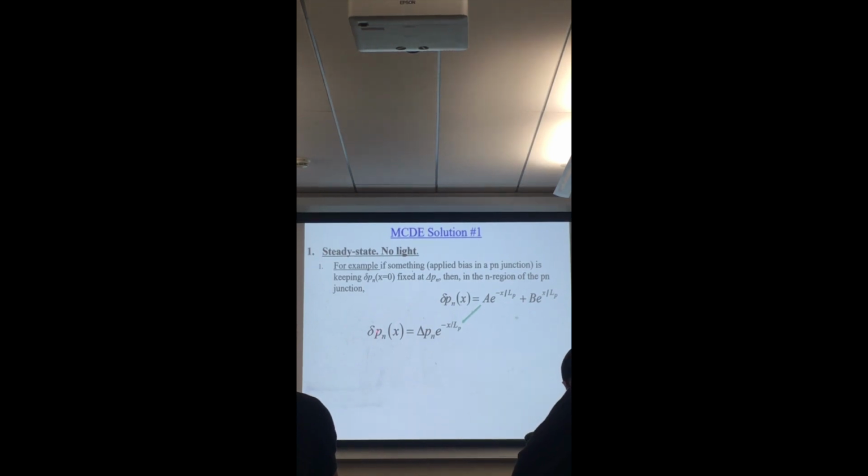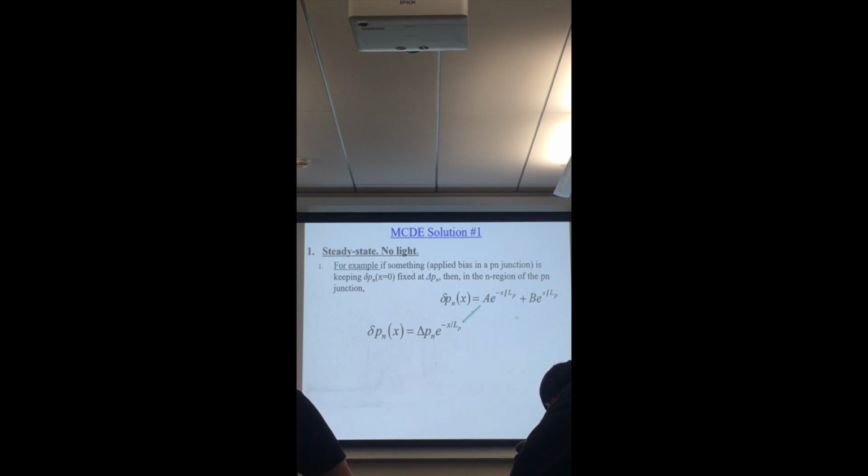So delta p sub n of x is delta p sub n at 0 times exponential of minus x over L sub p. It tells us that this excess carrier concentration decreases exponentially, similar to what we discussed before.